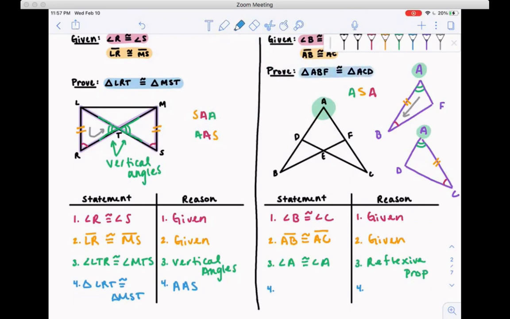So we can put this as the conclusion in our proof. Triangle ABF is congruent to triangle ACD, and the reason is the angle side angle theorem. All right, so those are 2 examples of using our new theorems in proofs.